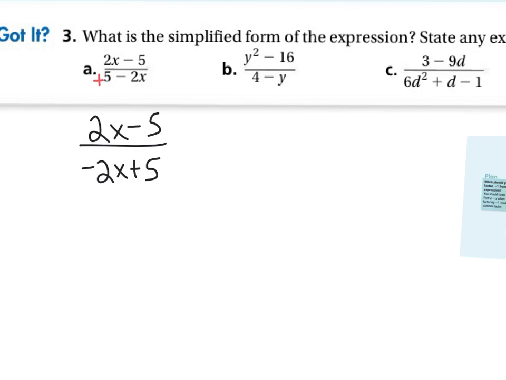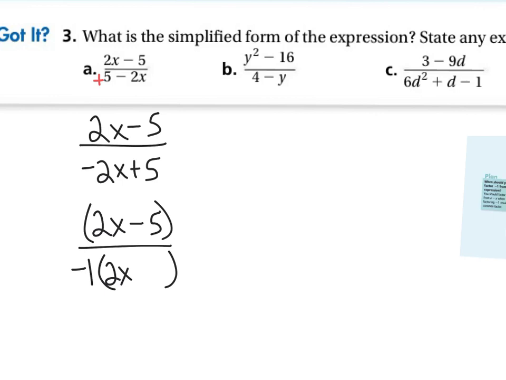So 2x minus 5, you can just leave that alone, and then in the denominator we can factor out a negative 1. What should happen, hopefully, is that this will end up giving us 2x minus 5. Negative 1 times 2x is negative 2x, and negative 1 times negative 5 is a positive 5. So that works.